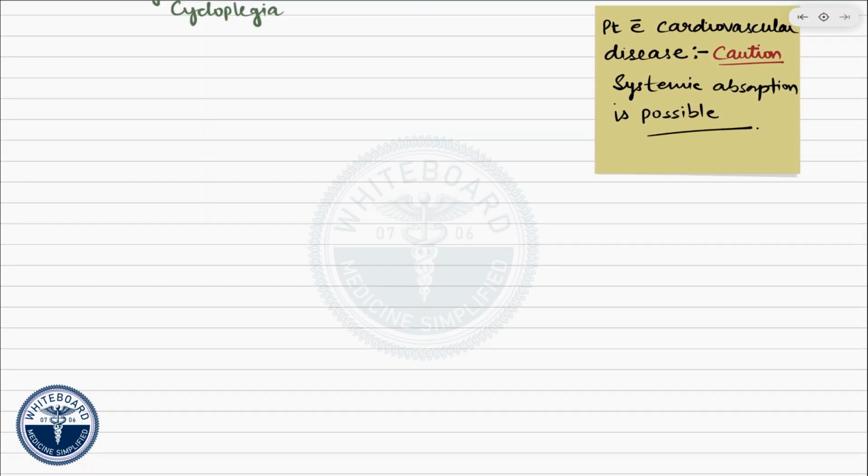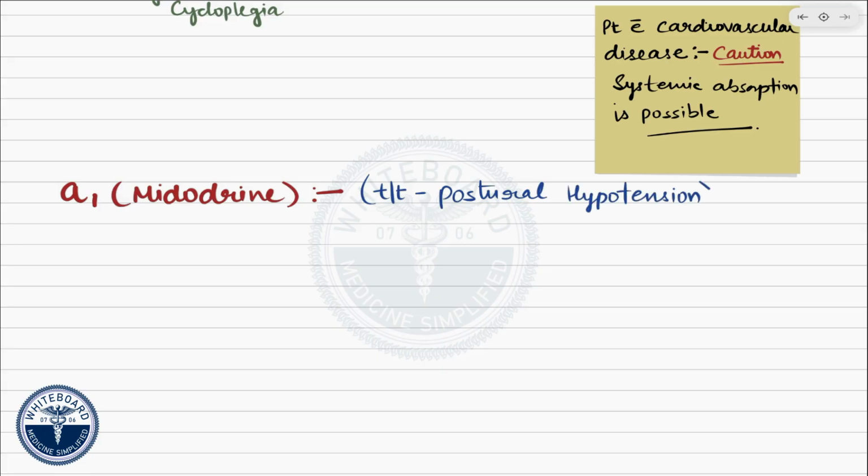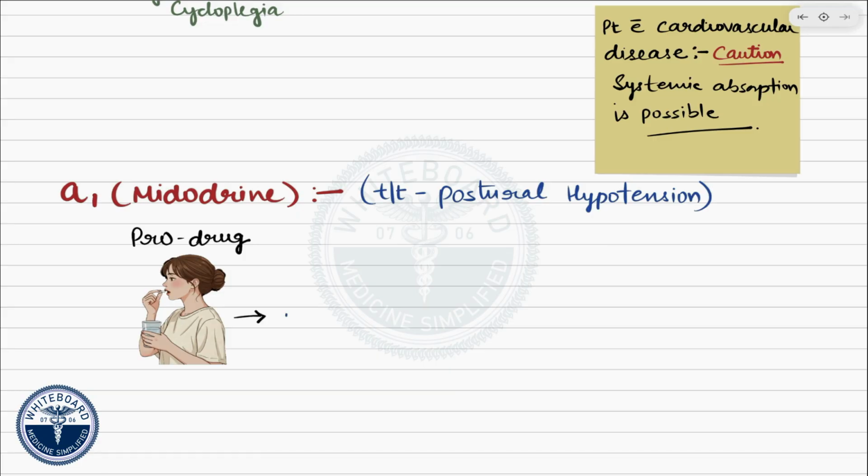The next important alpha-1 agonist is midodrine. Unlike phenylephrine, which is commonly used topically, midodrine is primarily used orally for the treatment of orthostatic hypotension, also known as postural hypotension. Midodrine is actually a prodrug, meaning that the drug itself is pharmacologically inactive. After oral administration, it is converted in the body into its active metabolite, desglymidodrine, which is a selective alpha-1 receptor agonist.